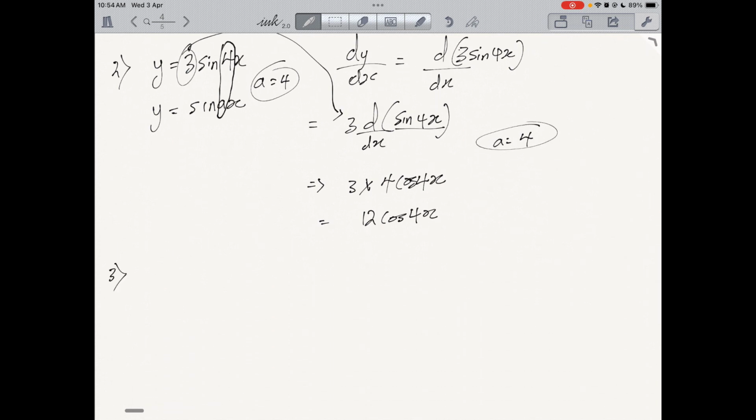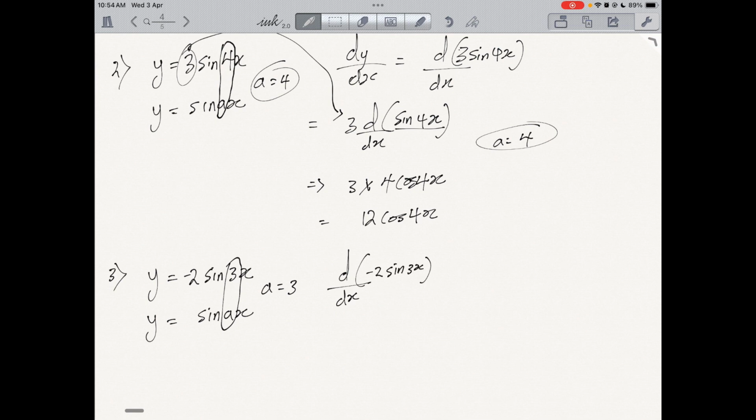Let's take another example, number 2 again. If y is equals to minus 2 sine 3x, now let's compare it to sine ax. We can see that our a is equal to 3. Now differentiating with respect to x of minus 2 sine 3x is equal to minus 2 multiplied by the differential of sine 3x.